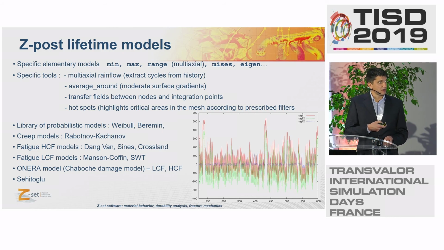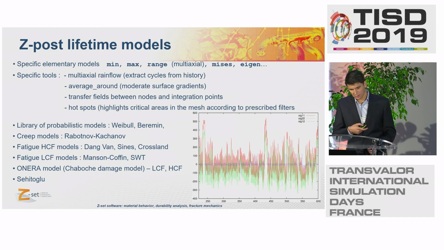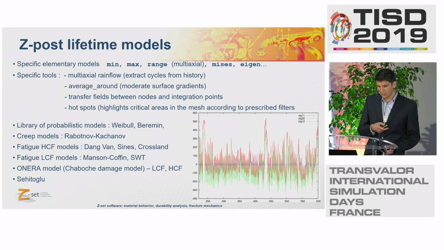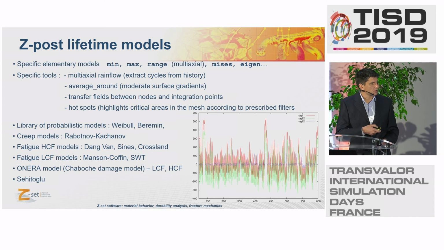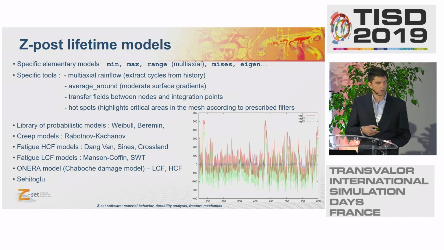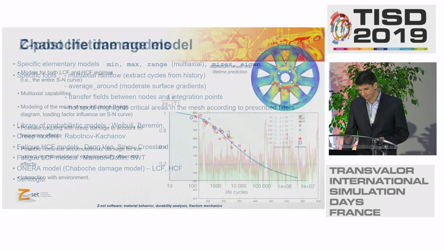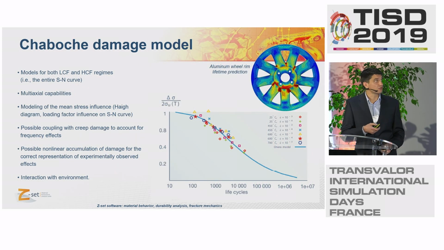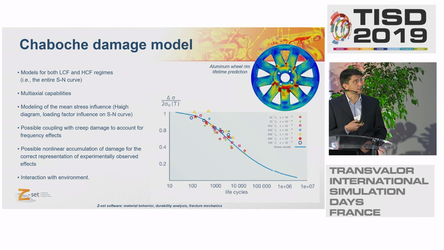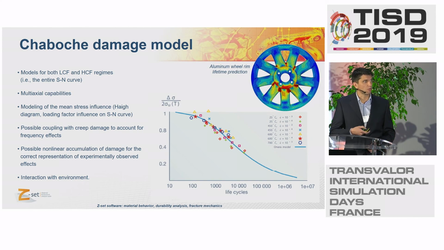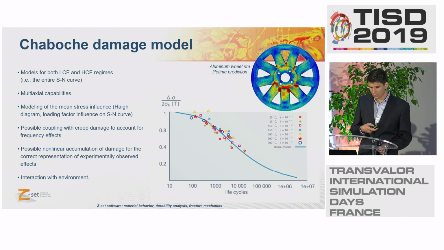So we have probabilistic models, creep models, fatigue models for high cycle fatigue and low cycle fatigue, and a very generalized model that we call ONERA model, which is a Chaboche damage model, which allows to describe both LCF and HCF regimes in one model, so the whole Wöhler curve.